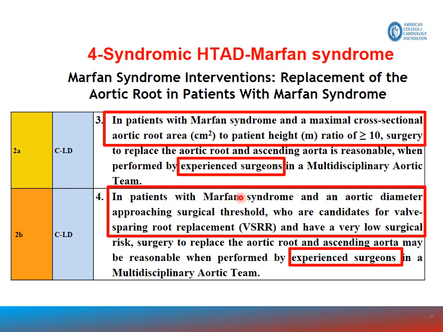In patients with Marfan syndrome and aortic diameter approaching the surgical threshold who are candidates for valve-sparing root replacement and who have a very low surgical risk, surgery may be considered to replace the aortic root, provided that the surgery will be performed by an experienced surgeon.